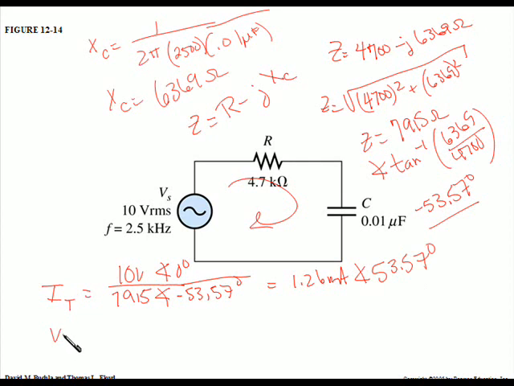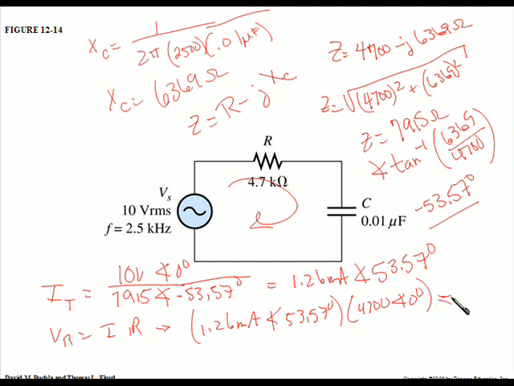Then VR is going to be current times R, which would be 1.26 milliamps at 53.57 degrees times R, which is 4700 at an angle of 0 degrees. 1.26 milliamps times 4700 gives me 5.92 volts, and the angle of my resistor is 53.57 degrees.